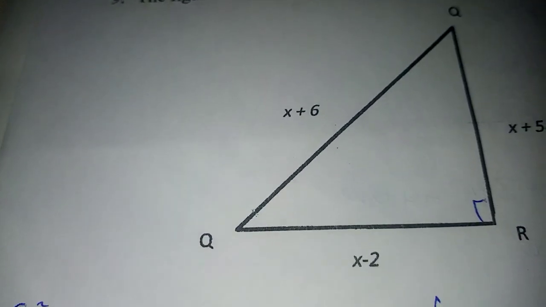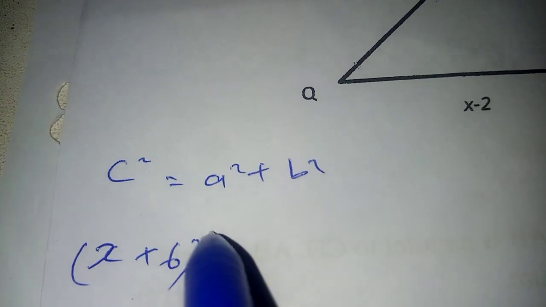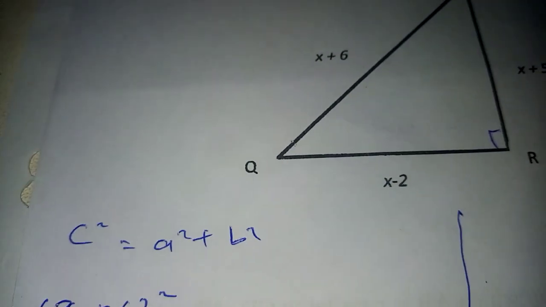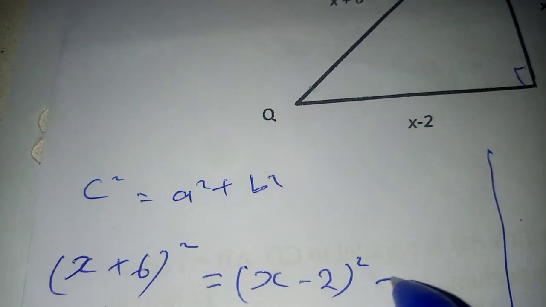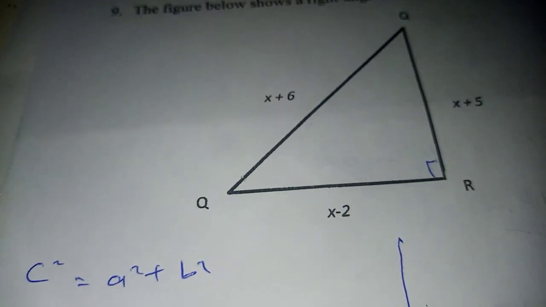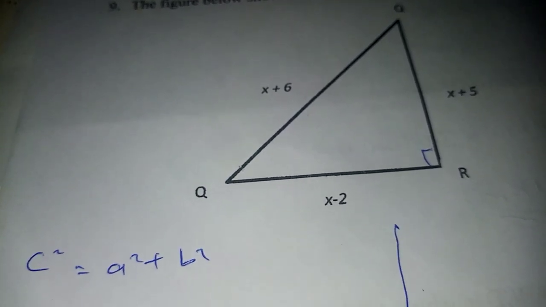So when I have x plus 6 squared equals x minus 2 squared plus x plus 5 squared.